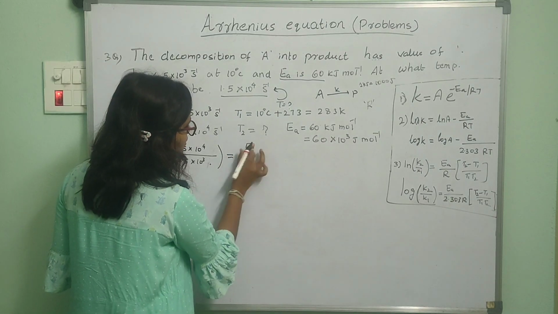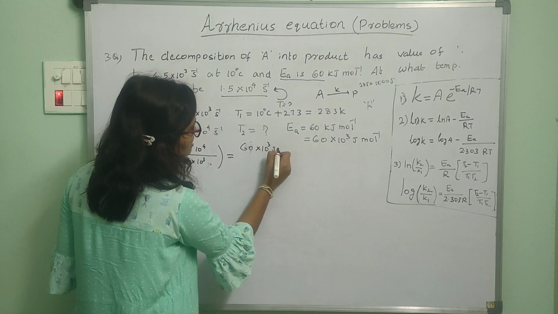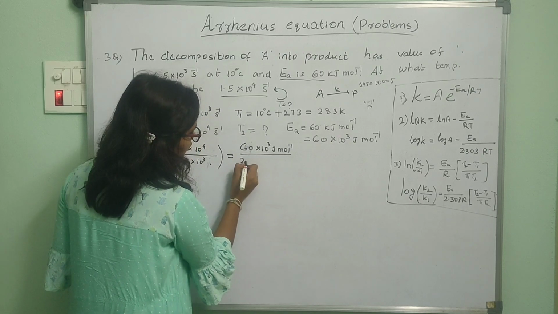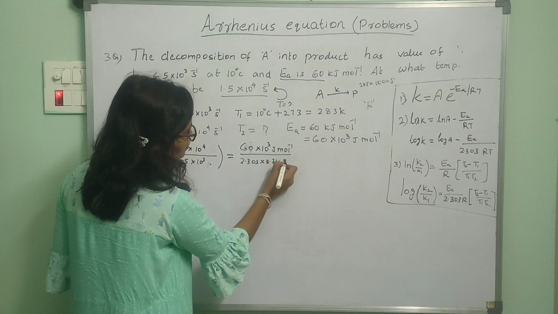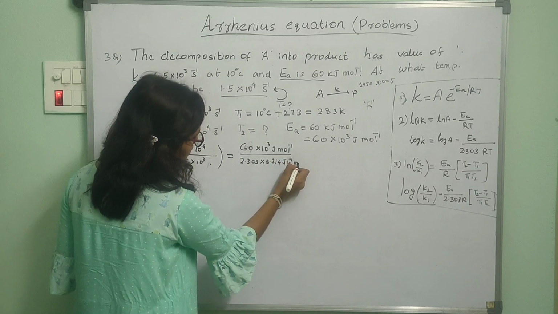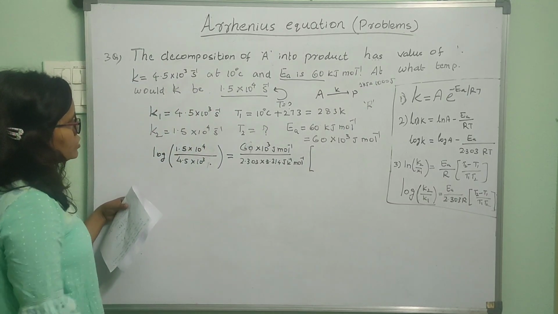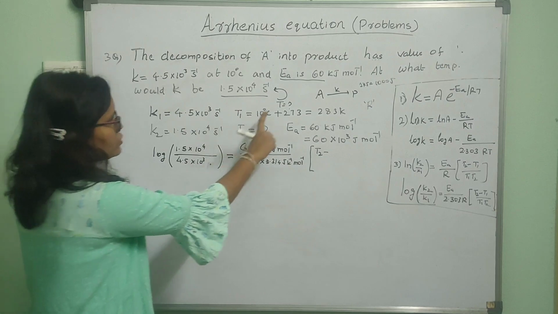It is equal to activation energy, 60 into 10 cube joules mole inverse, by 2.303 into 8.314 joule Kelvin inverse mole inverse. So you do not know what is T2. You know that T1 is 283 Kelvin.